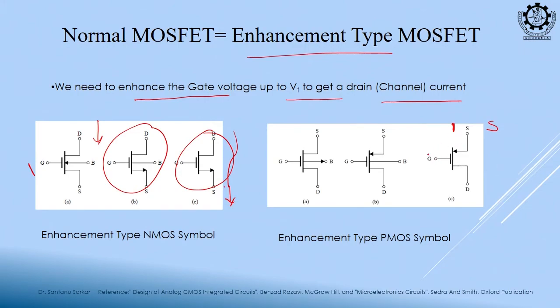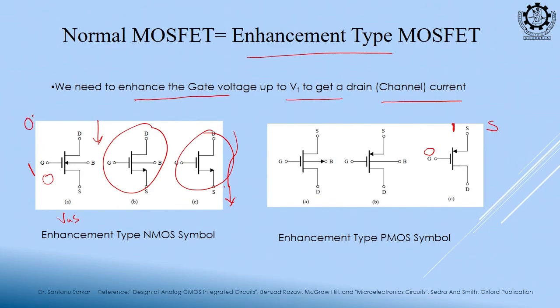So, it will turn on at which logic? 0. You see, I need a high VGS. So, if I give a 1 at gate, it will be on. If I give a 0 at gate, it should be off, because VGS is 0. In PMOS it will be just opposite. If I give a 0, it should be on. If I give a 1, it should be off. Clear?